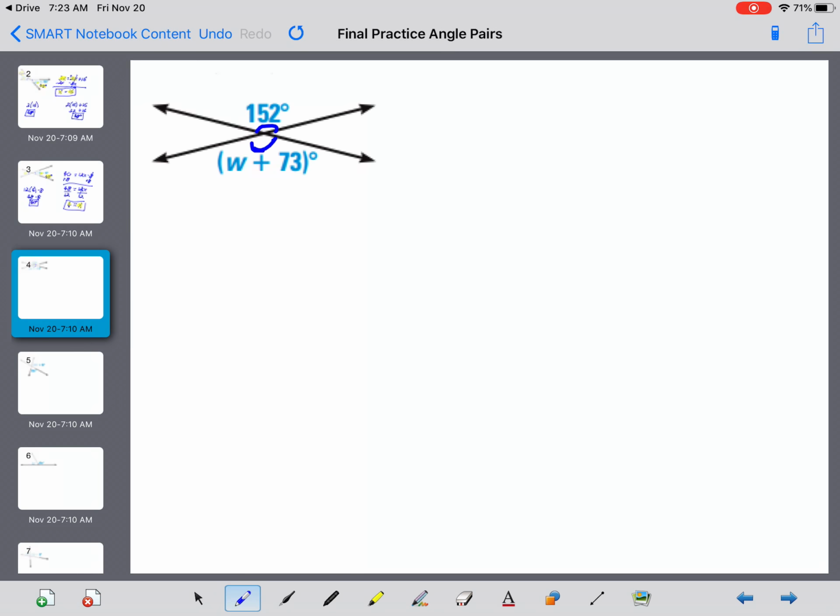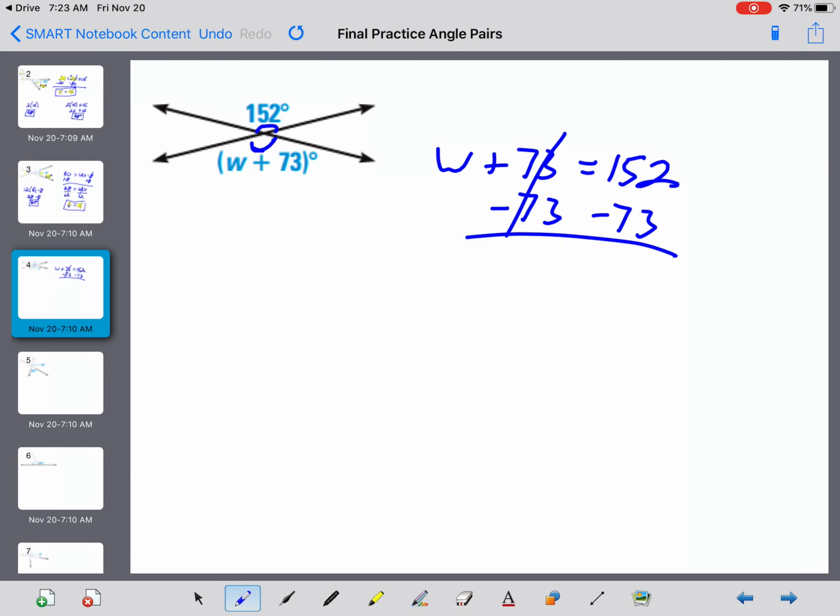Okay, again, we have that bow tie effect, our vertical angles. So w plus 73 is equal to 152. Subtract 73 on both sides, and 73's cancel. We're left with w equals 152 minus 73, which is 79.